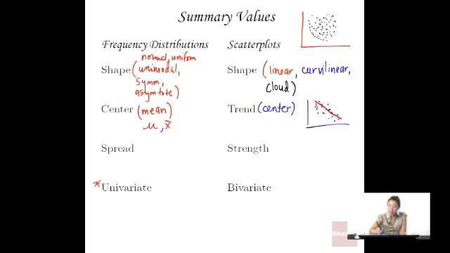So here, we're not just interested in a point center, we're interested in a line center. So I'm going to adjust this to be line center rather than a point center. And that line, the official term for that is regression. So that's going to be the regression line.